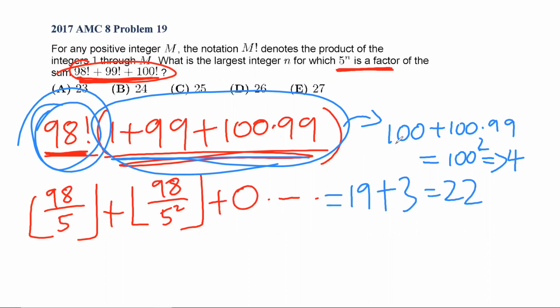Okay, so the person who asked why it's 100 squared, do you get how we came to this step? Okay, so this is basically 100 times 1 plus 100 times 99.